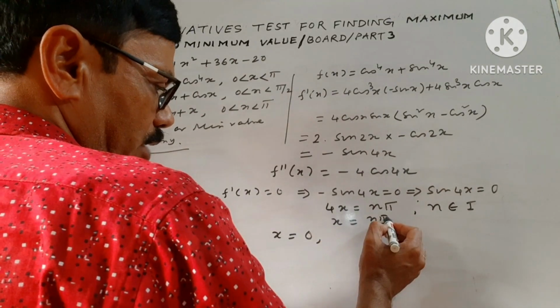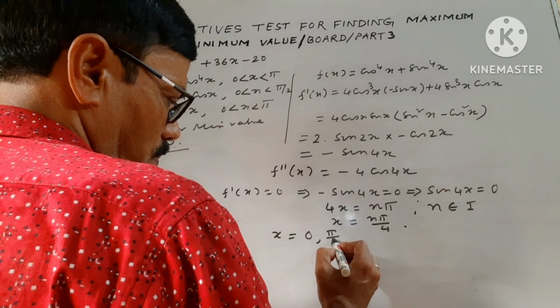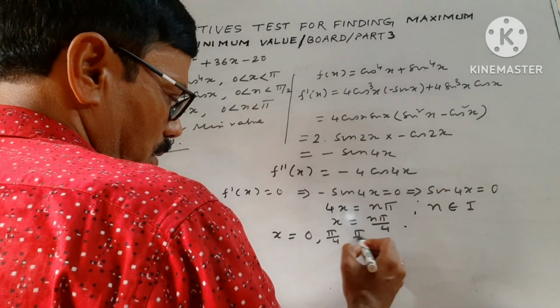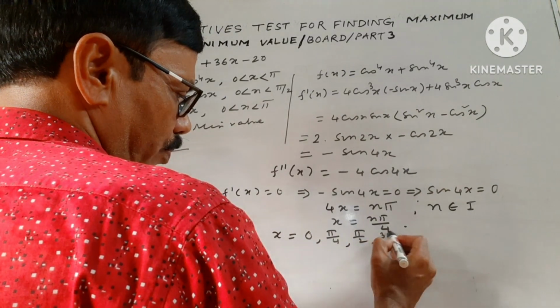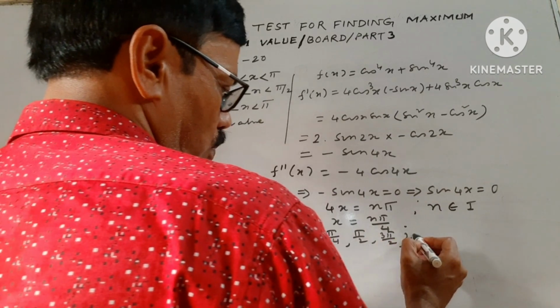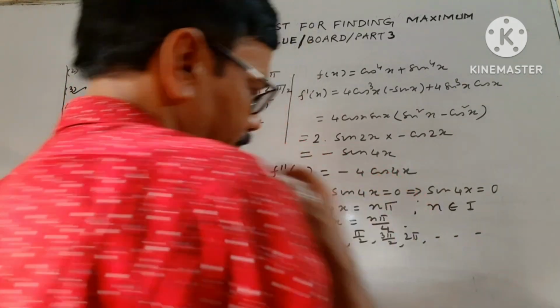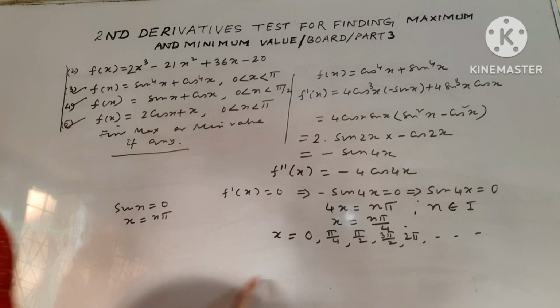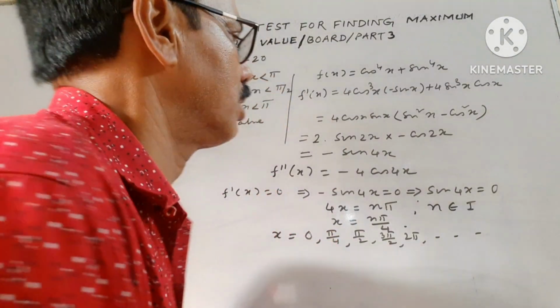If you put n equals 0, you get 0, pi by 4, pi by 2, 3 pi by 4, pi, and so on. You are getting so many values.